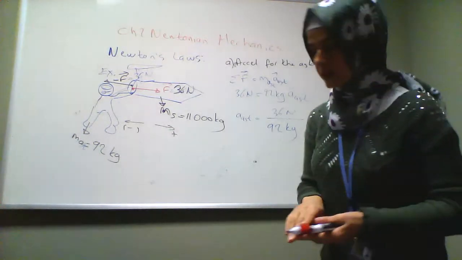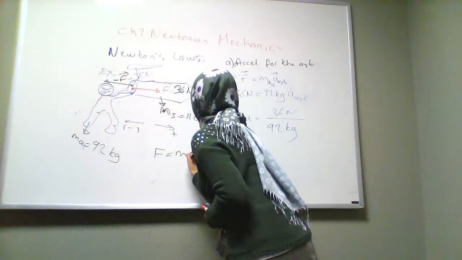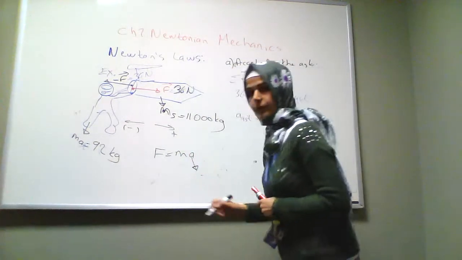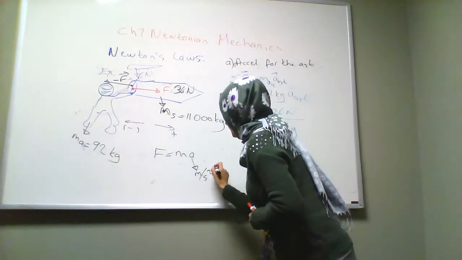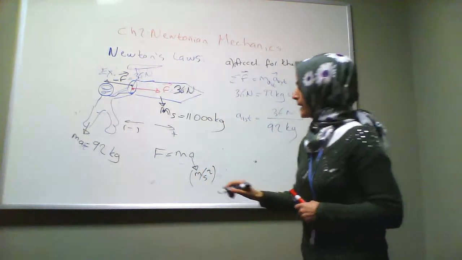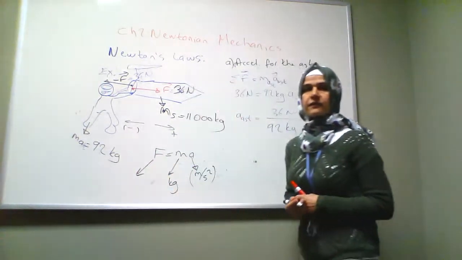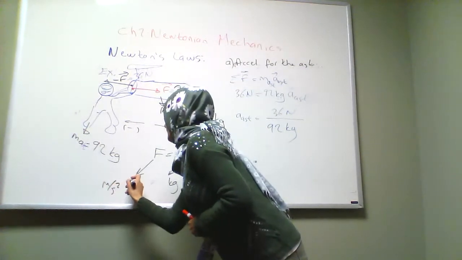I forgot to tell you something. When we were finding force is equal to m times a, a is our acceleration, and we know its MKS unit will be meters per second squared. M is our mass, kilogram. And for the force, we'll have meters per second squared times kilogram.